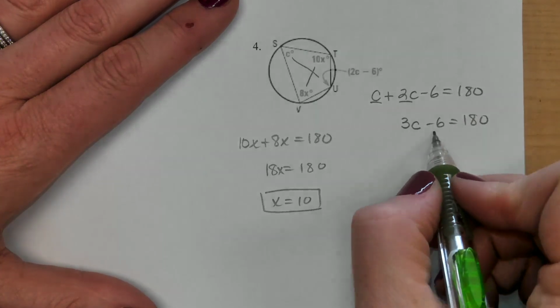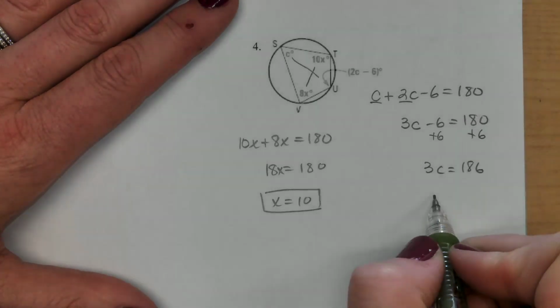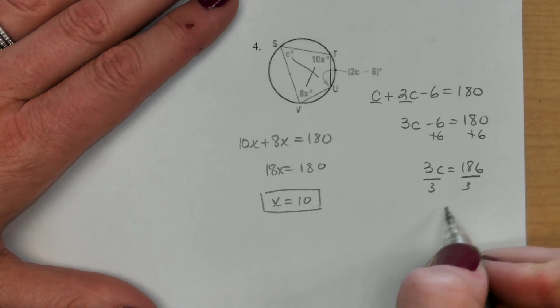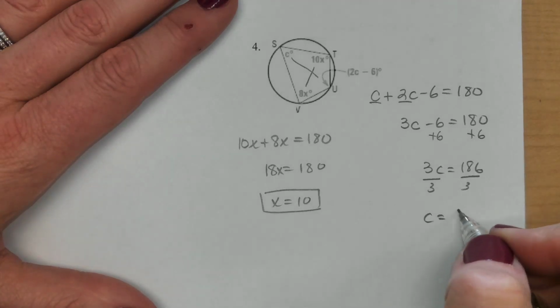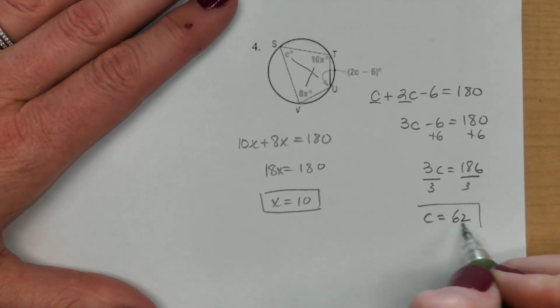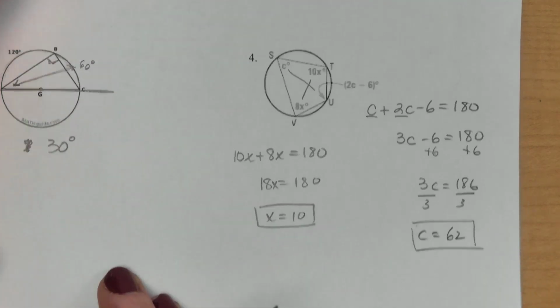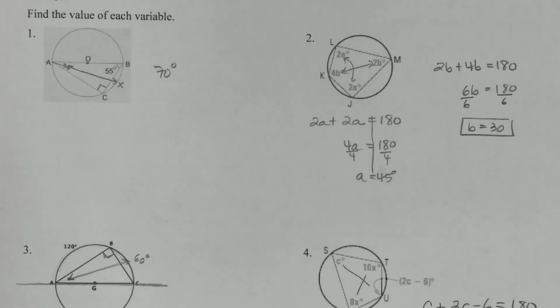Then I'm going to add the 6 to both sides. And then I'm going to divide by 3. 186 divided by 3 is 62. I was just making sure I typed that in right. I did. So there are both of your triangles and your quadrilaterals inscribed in a circle.